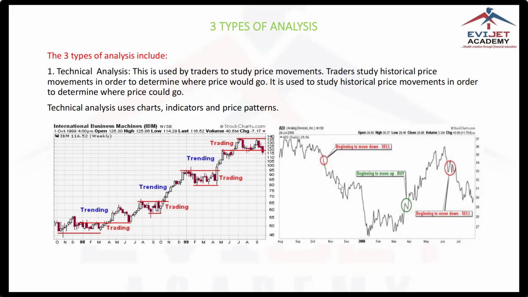Okay, so these are just images here. I will go to the chart and show you technical analysis. This image representation here is the technical analysis. This is what you see on the chart. Now, this first chart is candlesticks, while the second chart is called a line chart. In a chart you can have candlesticks, and you can also use line charts.